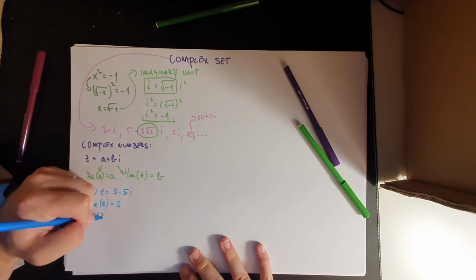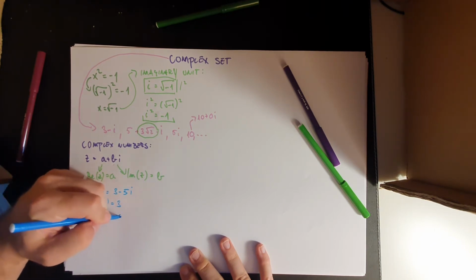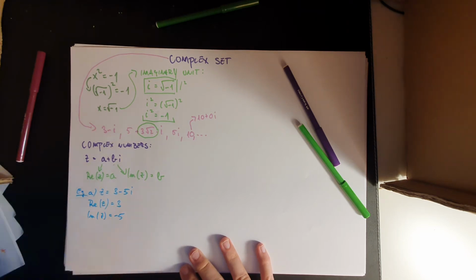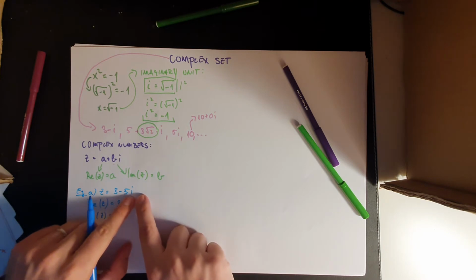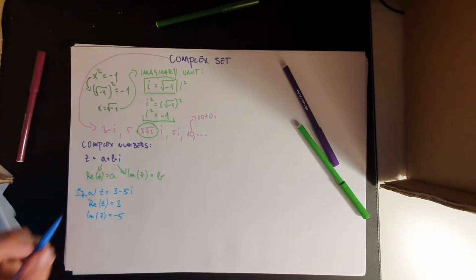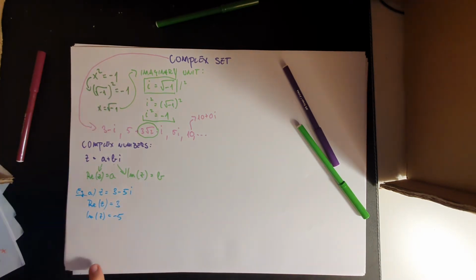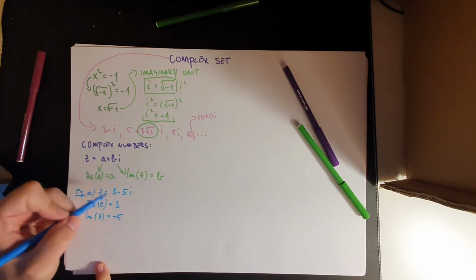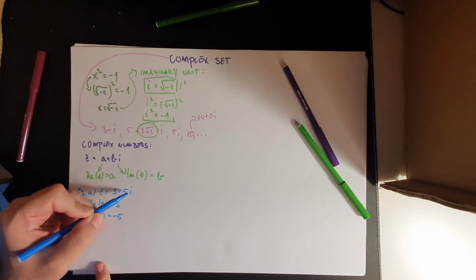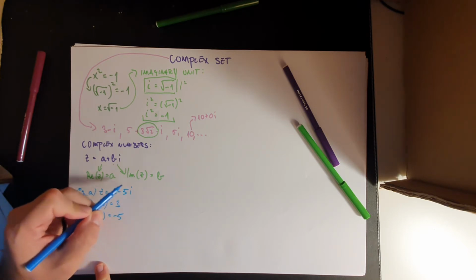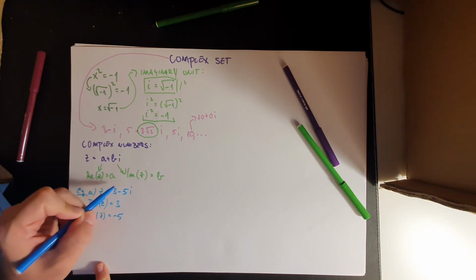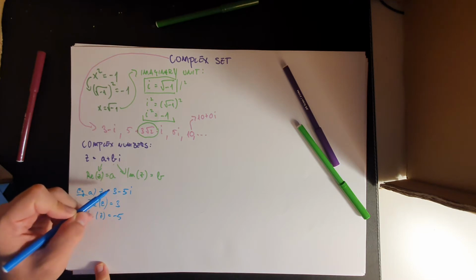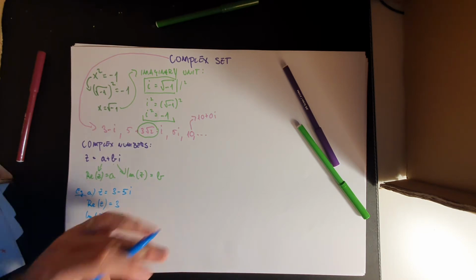The imaginary part of number z is going to be minus 5, with the sign. i tells us that minus 5 is the imaginary part. Now watch out, I cannot combine 3 and minus 5. I cannot subtract them, because 3 is a real guy, minus 5 is an imaginary guy. So these are completely different units, so to say. One is the real one, the other is the imaginary one.